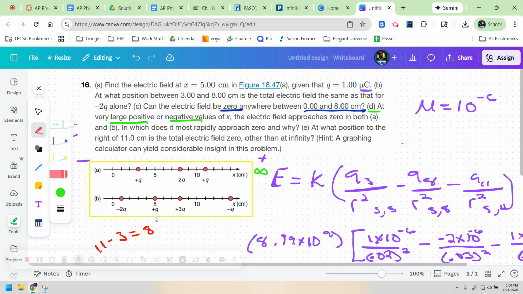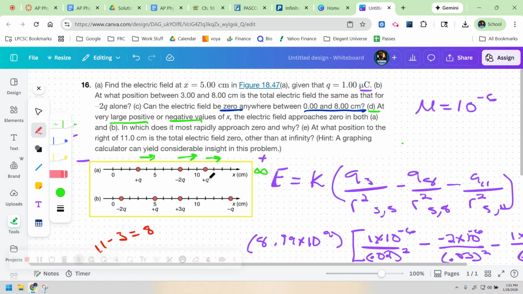Well, what happens way over here? Well, this charge goes in the positive direction. This charge would be negative, but the field would want to go this way. So you can have positive and negative charges. And then this charge is also going to go in this direction because your test charge is over here.